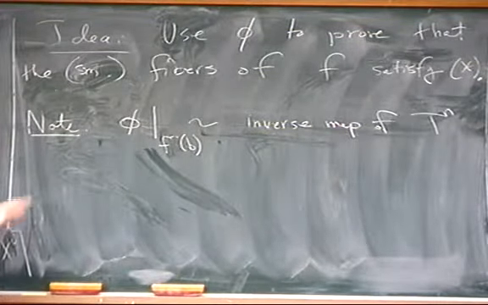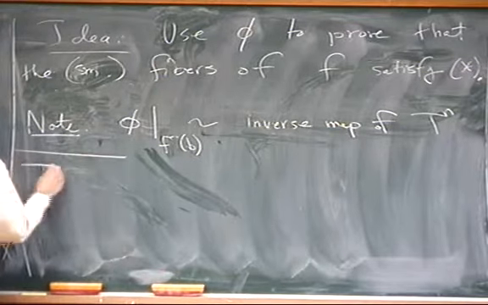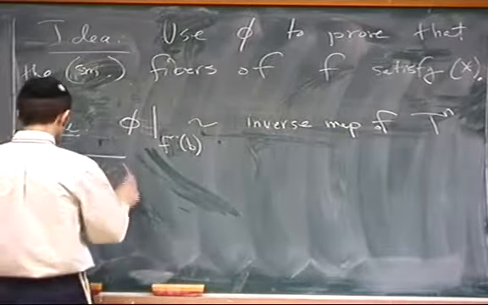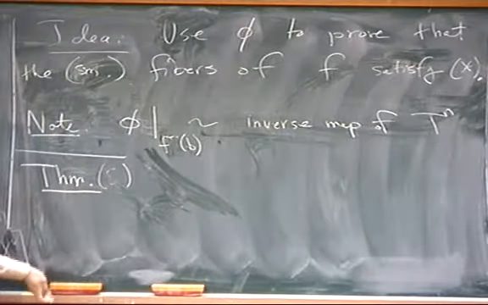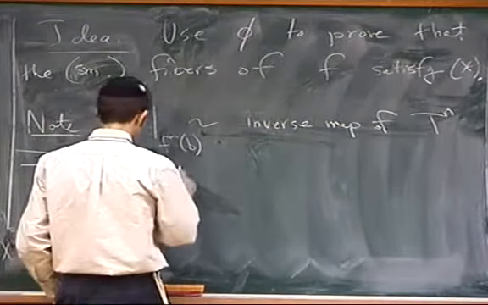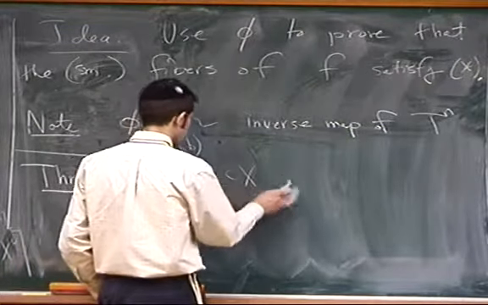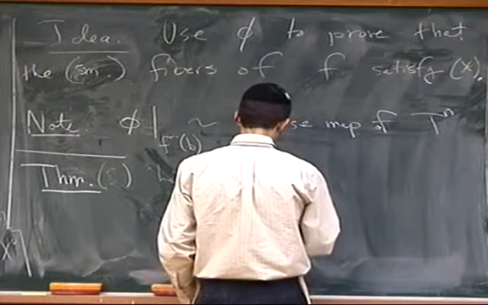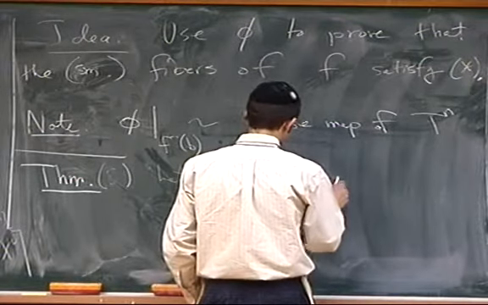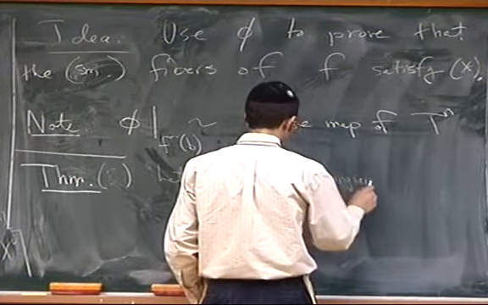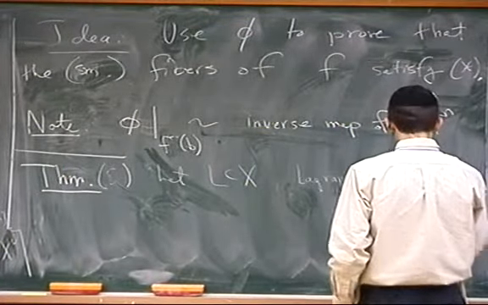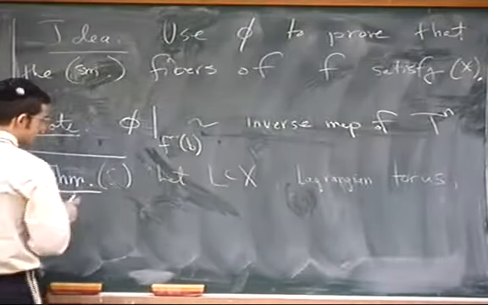So now onto the theorem part. Suppose you have L contained in X Lagrangian, and I'm not going to make any assumptions on dimension or anything here. Just assume that L is a Lagrangian torus with Maslov class 0.